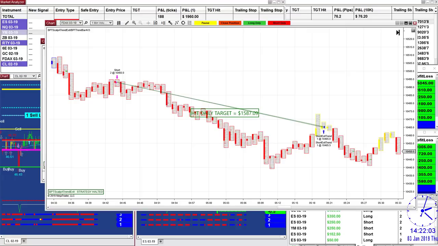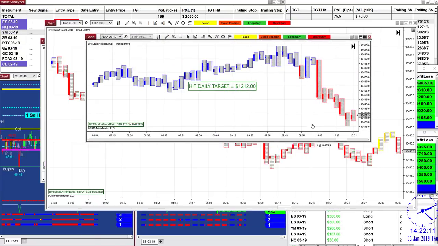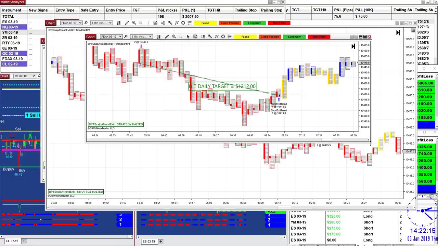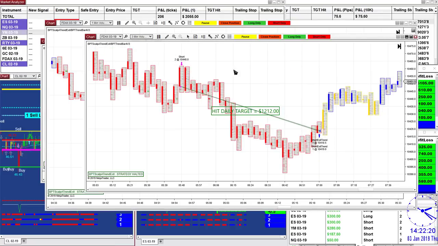So let's look at the volume meter, the 3 minutes on the DAX. I like the DAX because you get it over with in no time, and you get your money and you walk away from the computer. This is your 3 minutes volume meter, and one trade. That's what I like.